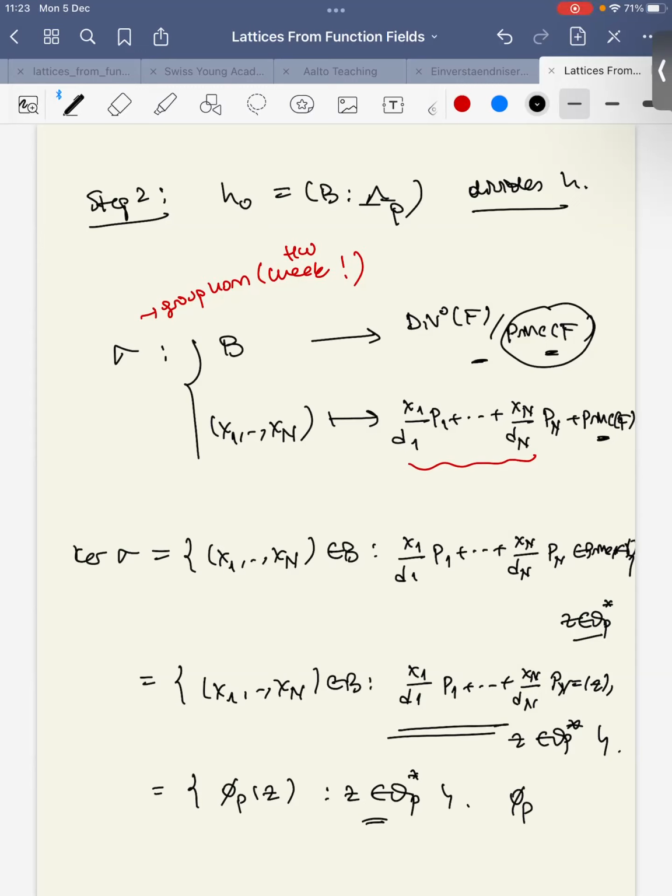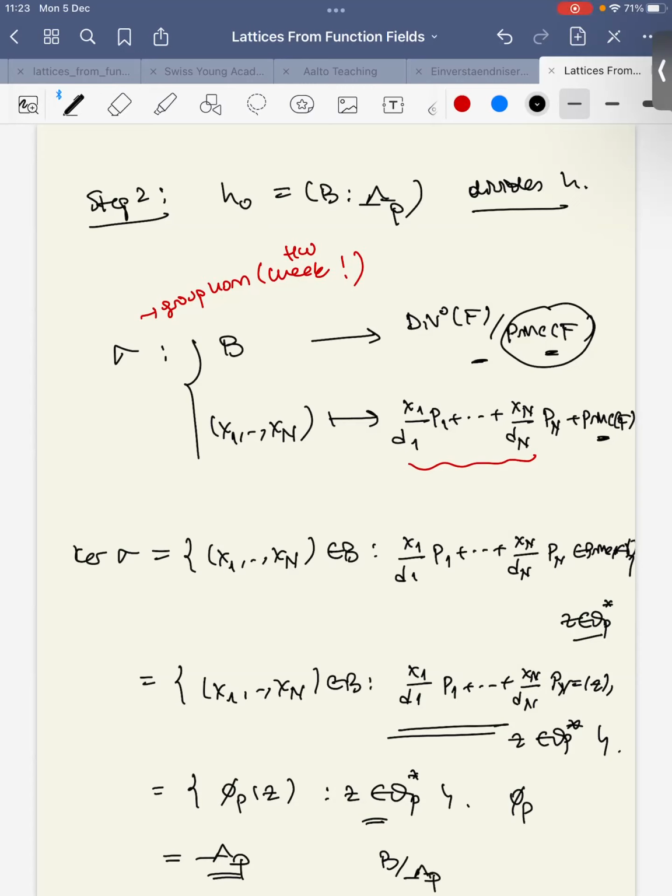So this is why we have the one-to-one correspondence, and this is indeed all the set of vectors in the function field lattices.